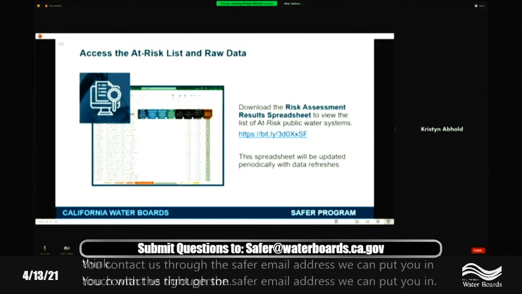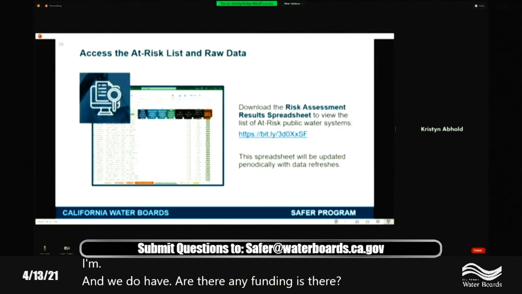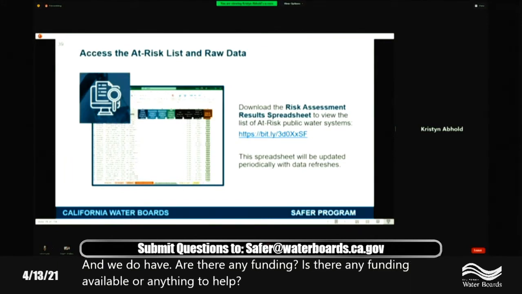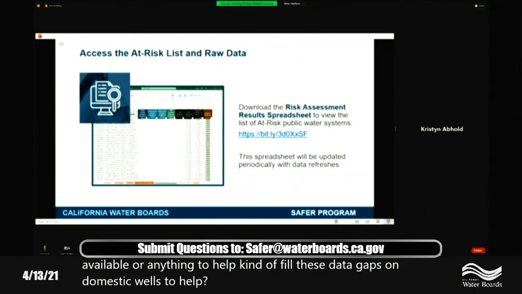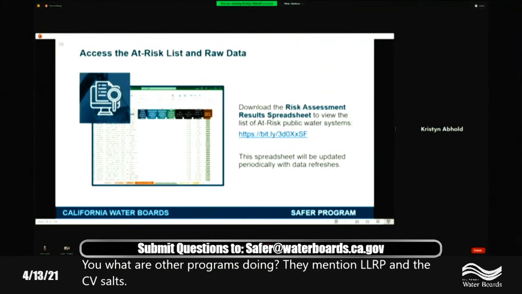And we do have a question: is there any funding available to help fill these data gaps on domestic wells and improve this analysis? What are other programs doing? They mentioned ILRP and the CV Salts program. What is the plan here?